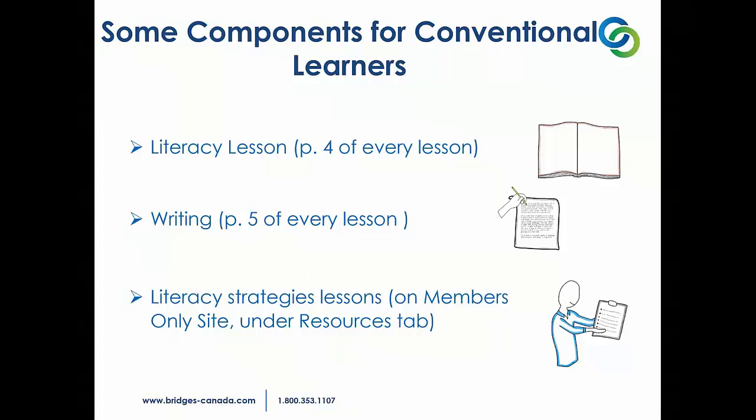The literacy lesson, for example, which is page 4 of every lesson, is appropriate for your students who need conventional interventions. Likewise, the writing lesson, which is page 5 of every lesson, would be appropriate for those learners who are at a higher level. And then the literacy strategies lessons, which are located on the members only site under the resources tab, would be ideal lessons to include your conventional learners in. So that way you are meeting the needs of all of your students.